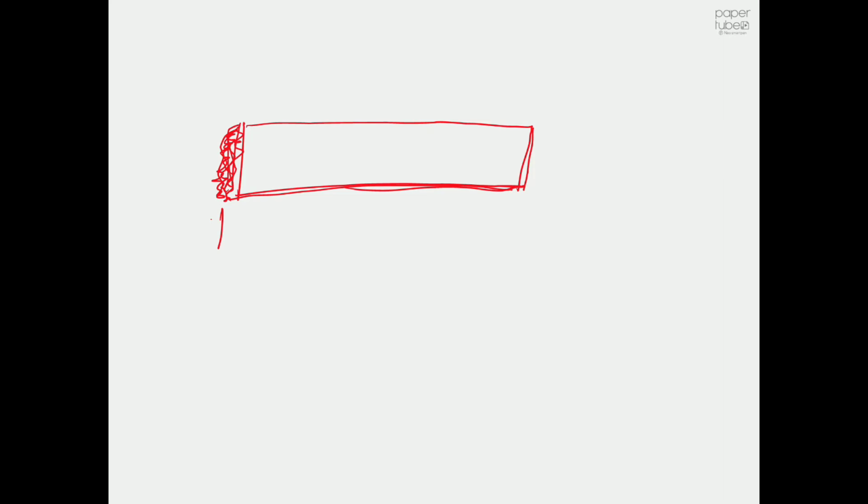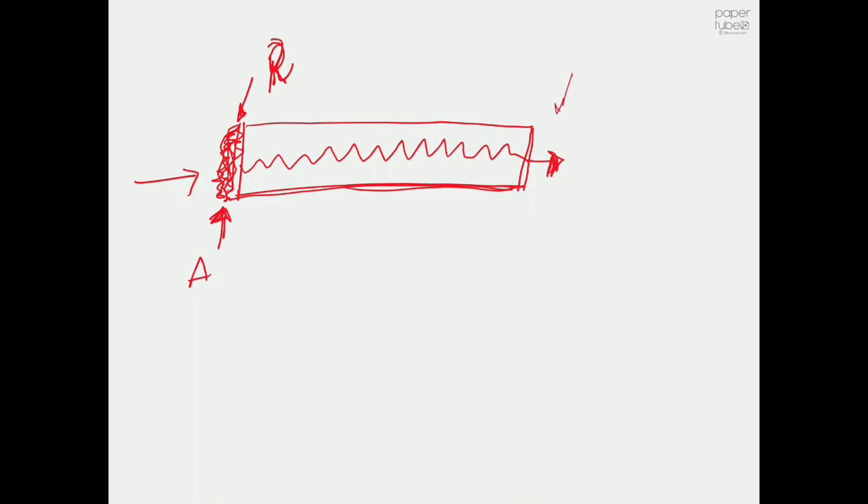Say this is analyte A, and then you supply your mobile phase. We can inject A, and we can also inject our reference analyte, let's call it R, at the same time. Both of them will travel through this column, and let's assume we put some detector at the column exit.